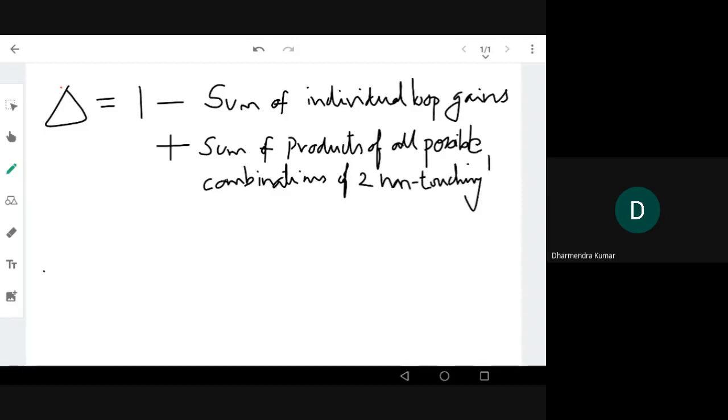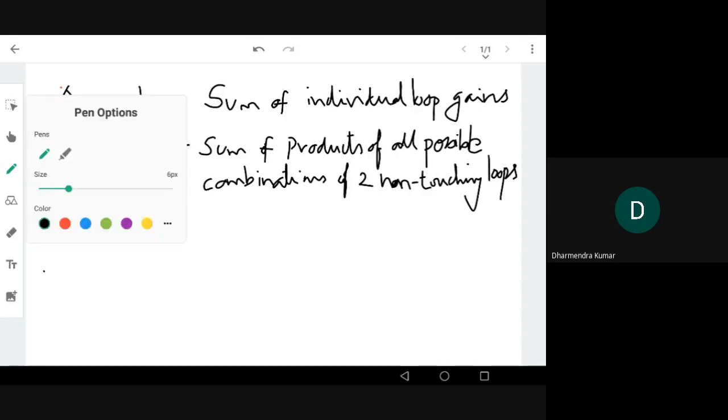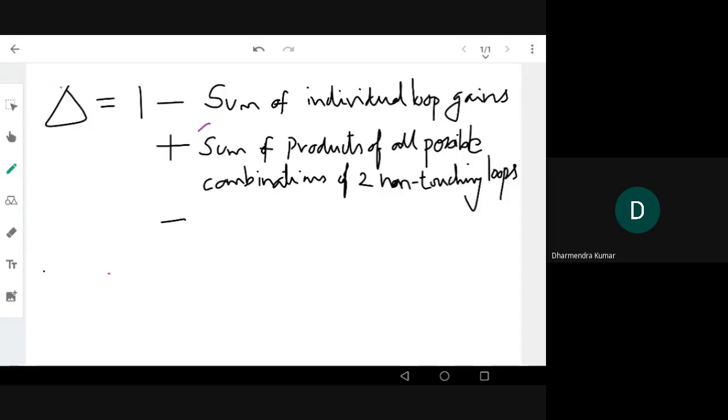You should write this formula. Sum of products of all possible combinations of two non-touching loops, right? Now again it will become minus. The equation continues, so I'll put a small bracket. Okay, this is the first, this is minus, and it is plus, again it is minus.